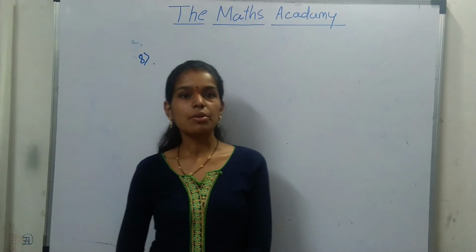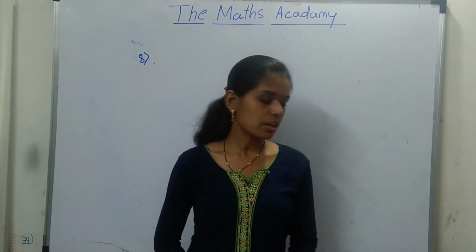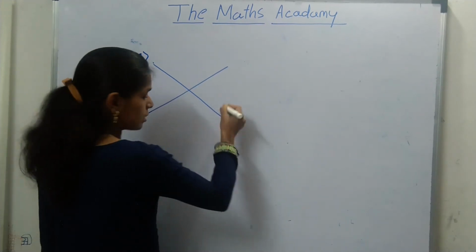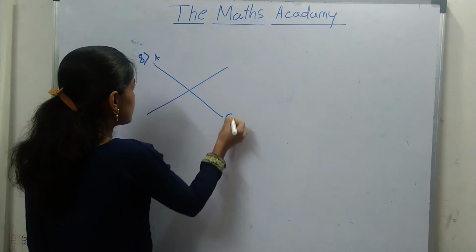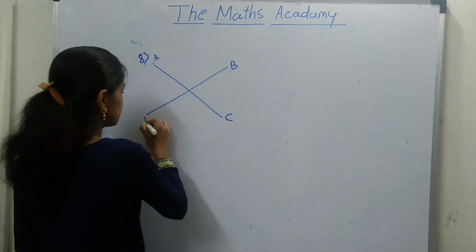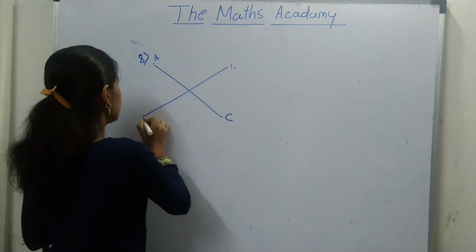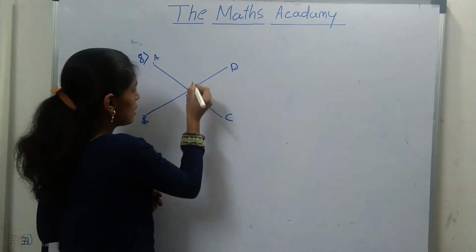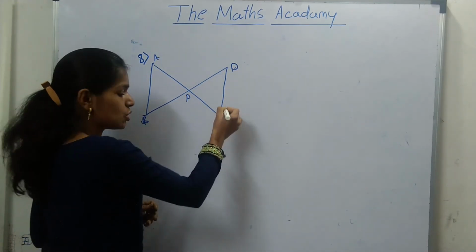So student, now let's go towards our next example, example number 8. What is given in our 8th example? We have given the triangles like this. Here you have given that segment AC intersects segment BD in point P. Here AB is joined and CD is joined.